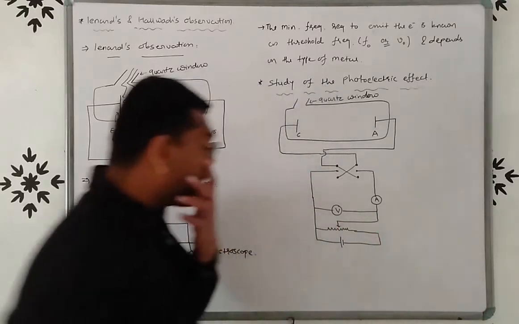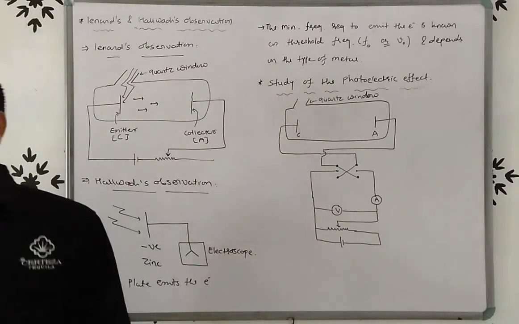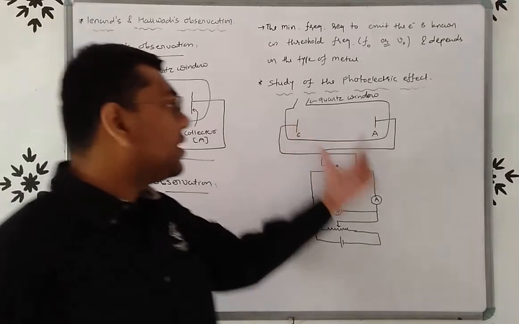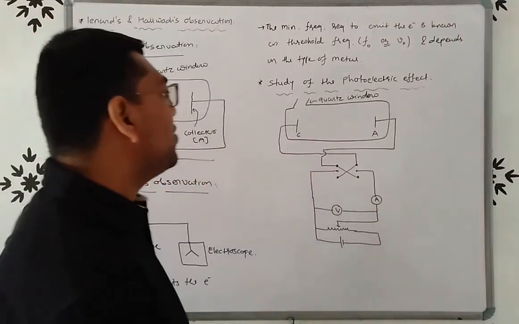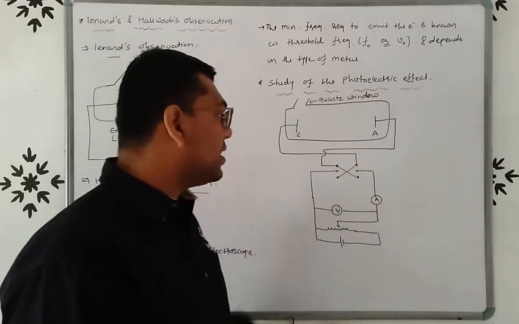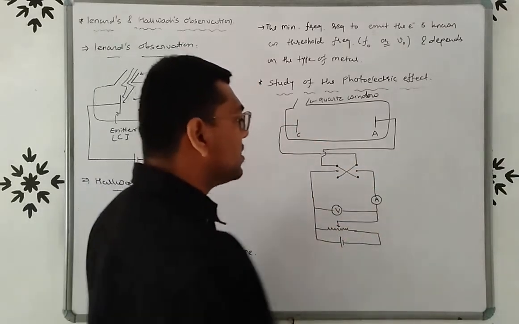See friends, this is the basic arrangement of the photoelectric effect. You can see here friends, the two metal electrodes are kept opposite in the evacuated tube, and these electrodes are connected to this commutator switch.